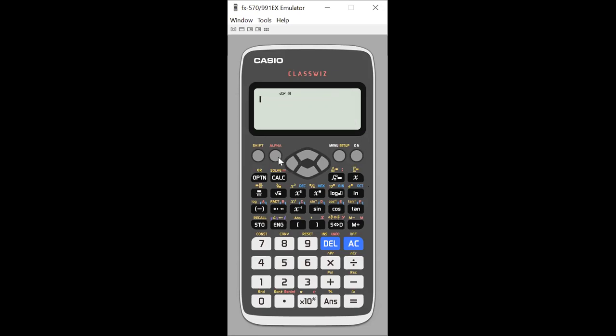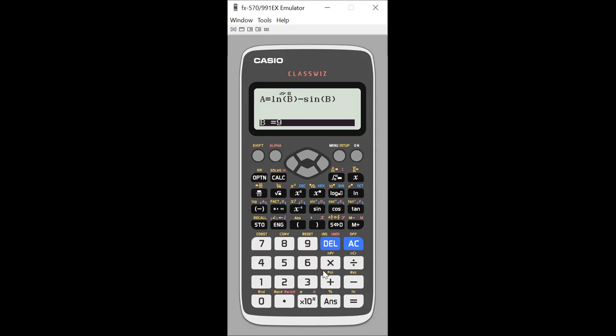Let's say I want to write alpha A equals, okay, ln of alpha B minus sine of alpha B, close the brackets, press calc.